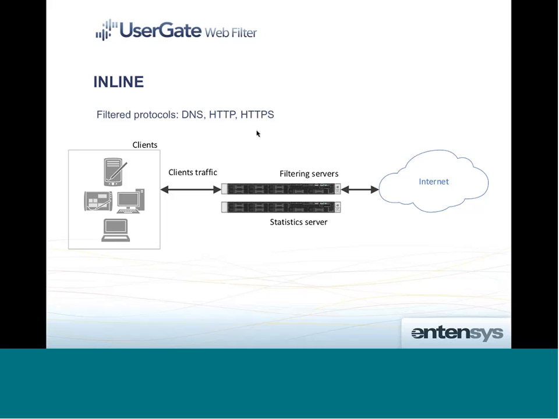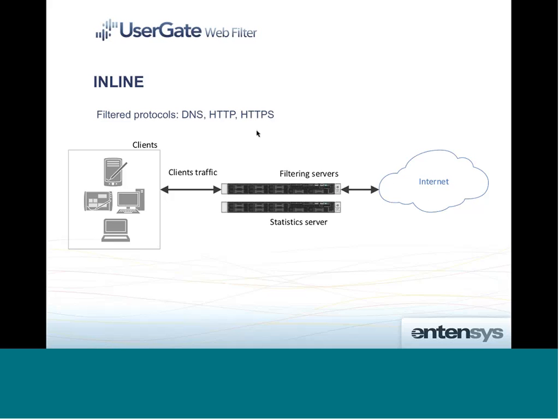If you have another type of traffic going through the filtering server, like file sharing, FTP, torrent, whatever, this traffic just goes through and doesn't impact the performance of filtering much. So 350 megabits is purely for HTTP and HTTPS.